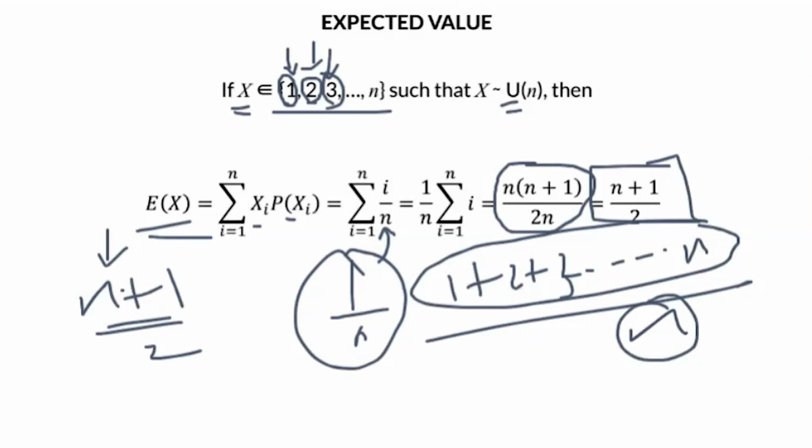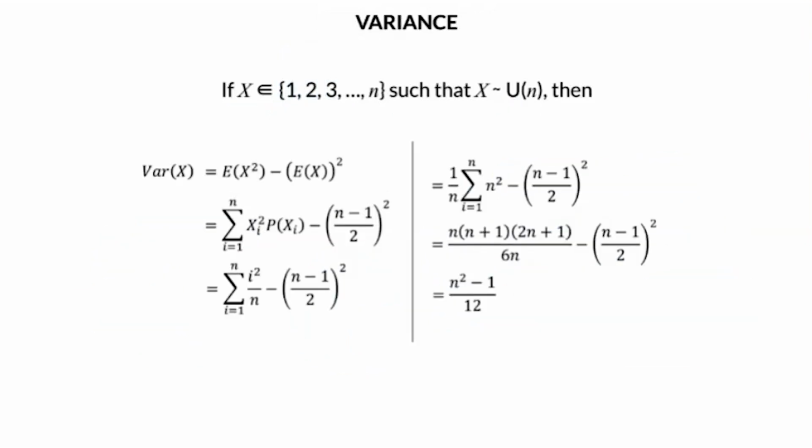If you put heads as 1 and tails as 2, the answer will be 1.5. It's exactly between 1 and 2. Suppose you take a die, 1 2 3 4 5 6. What is the number of possible outcomes? 6. So just put the 6 in the end. 6 plus 1 by 2, 3.5. So very quickly you can get the expected value of a uniform discrete distribution.